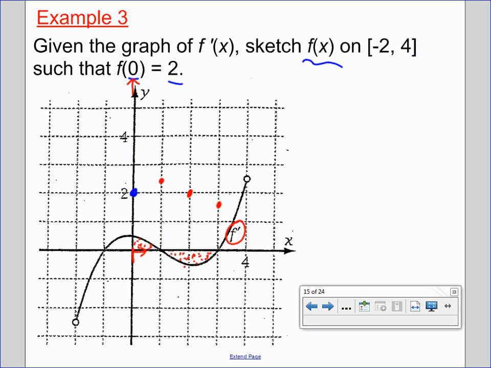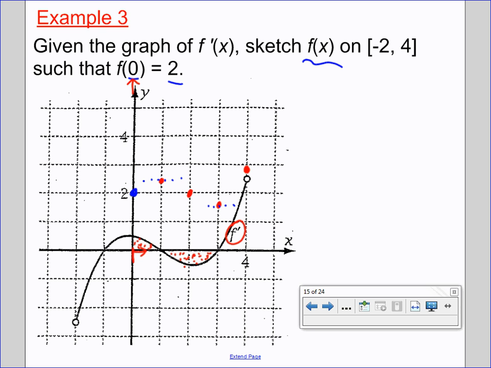So this must be a local minimum. Horizontal tangent, local maximum. Continue scanning from x equals 3 to 4. It looks like I add on another 1 and a little bit more units, so I'm going to go a little bit higher. I'm going to go about here. Yes?